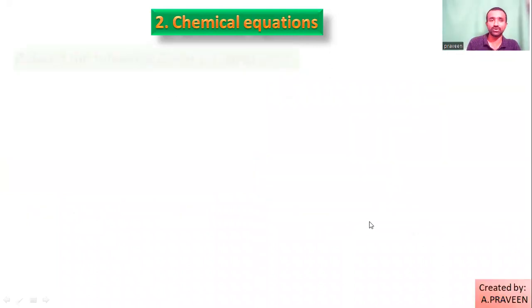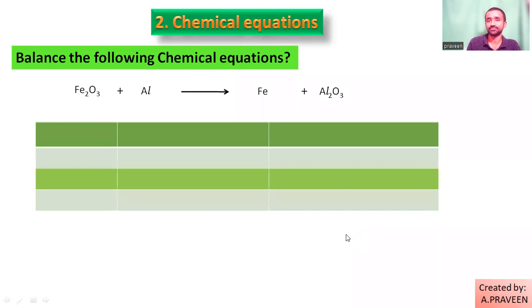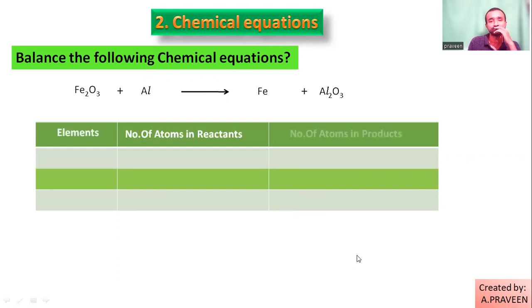Next, balance the following chemical equation. Look at the equation I am giving you: iron oxide reacts with aluminium to produce iron and aluminium oxide. Using a table: atom or element, reactant side, product side. Note iron, oxygen and aluminium.